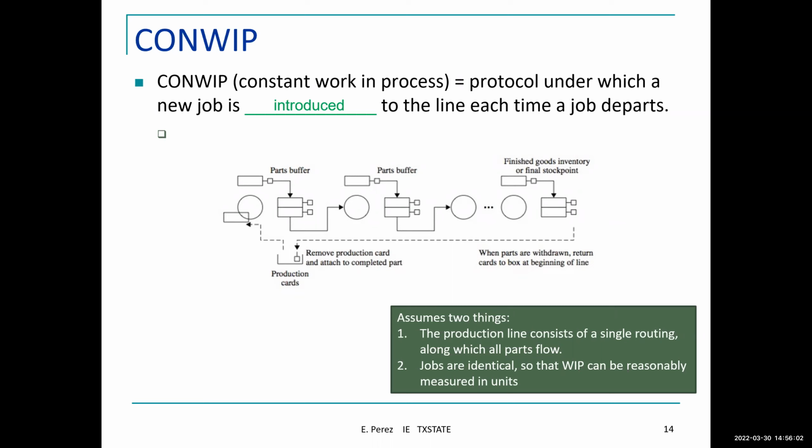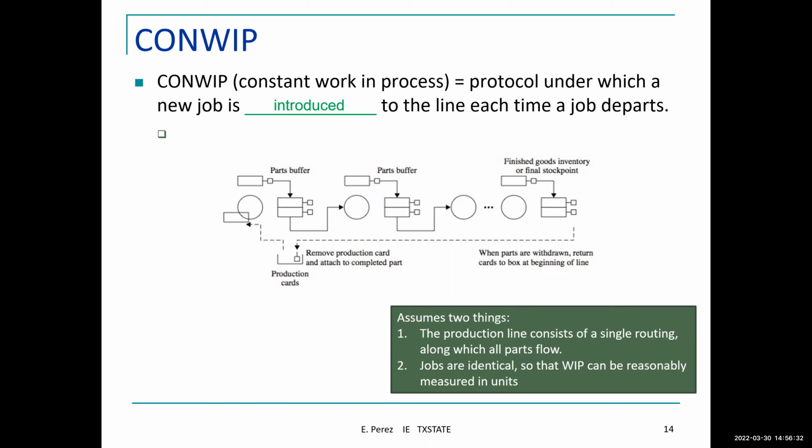So the idea is to maintain this constant WIP, and that will take advantage of the low inventory in the production line. And it works well under certain scenarios, but that's the idea. You keep track of the WIP, and you're just introducing to the line a new job each time a job departs.